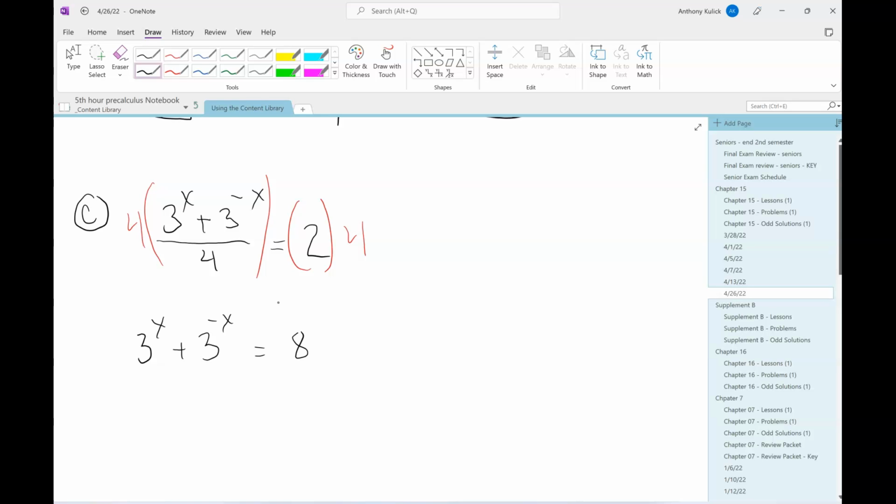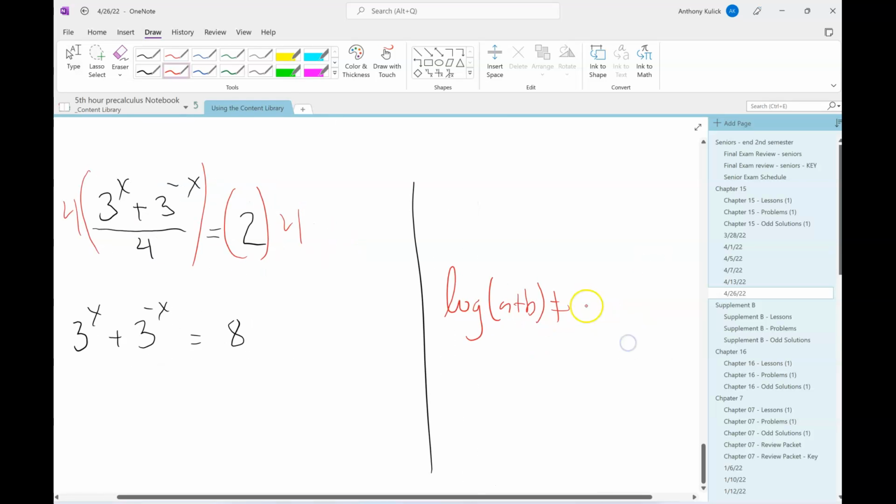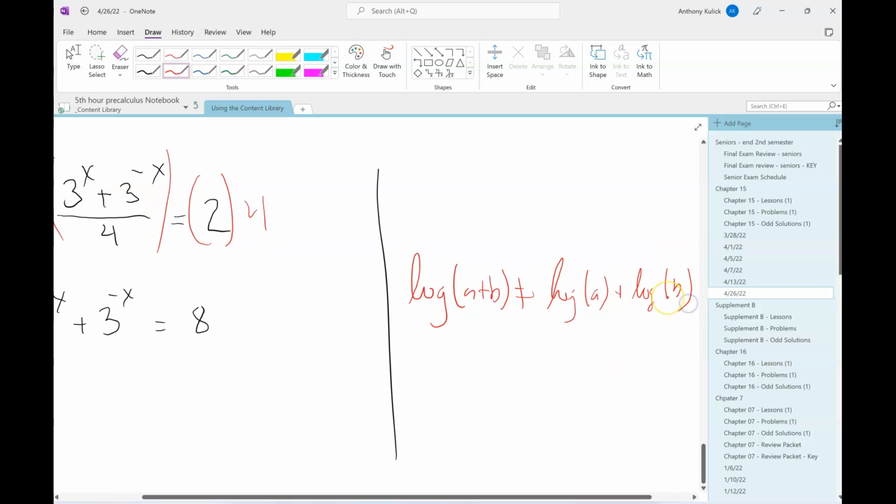Does that make sense? So everybody else, what we're saying is that log of a plus b is not log of a plus log of b. So I can't just log each of the 3 things and be done with it, which is unfortunate.